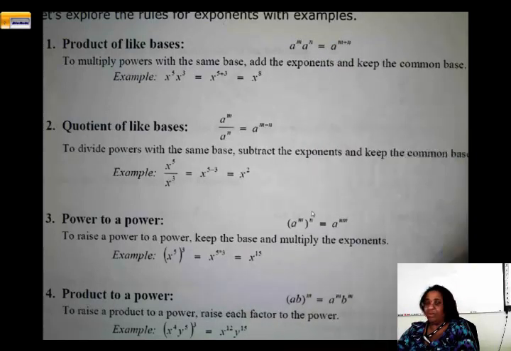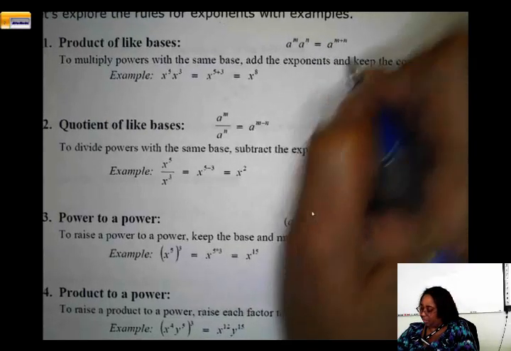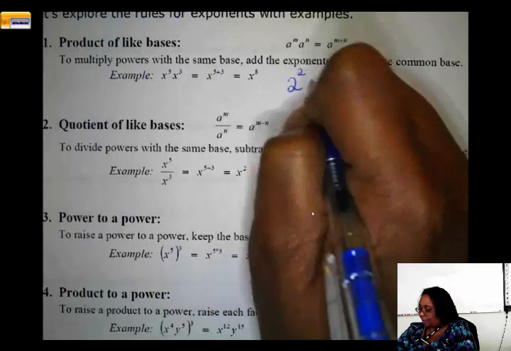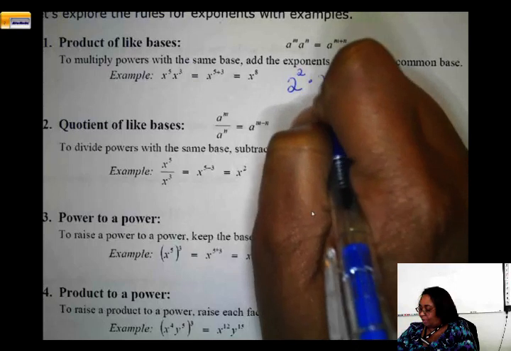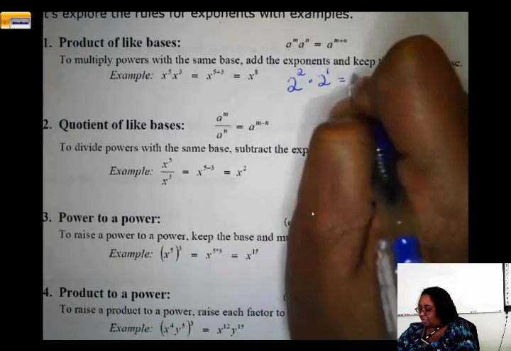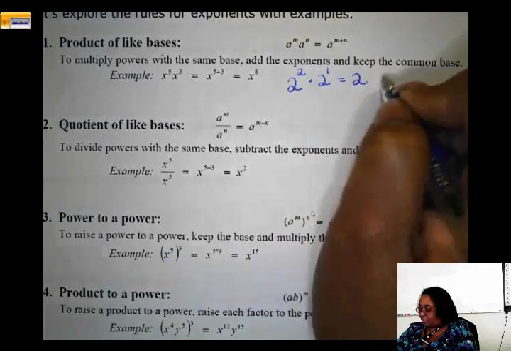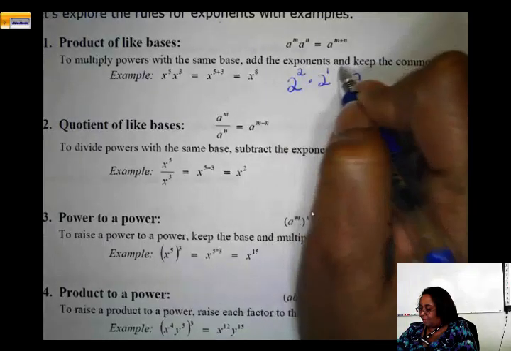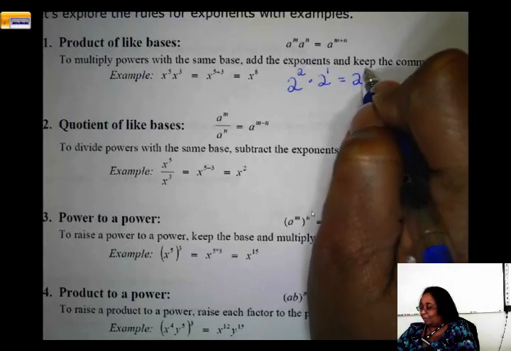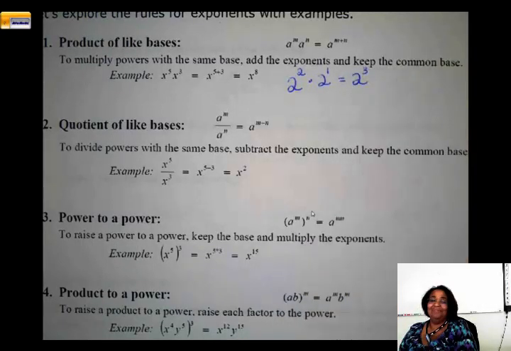Now let me give you an actual numerical example. If I have 2 to the second power, and I'm going to multiply that by 2 to the first power, all I need to do is take the same base of 2 and add the exponents. What would that be? Okay?